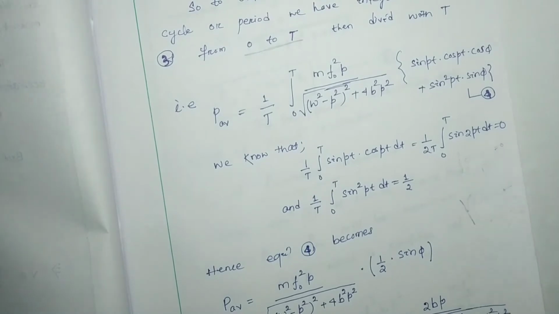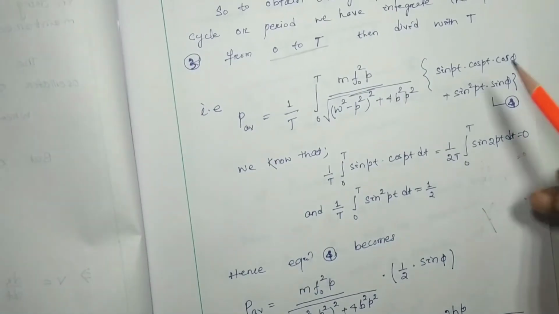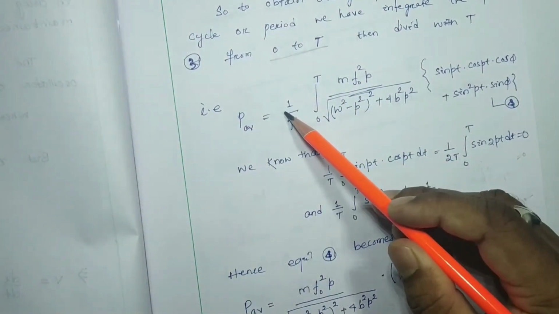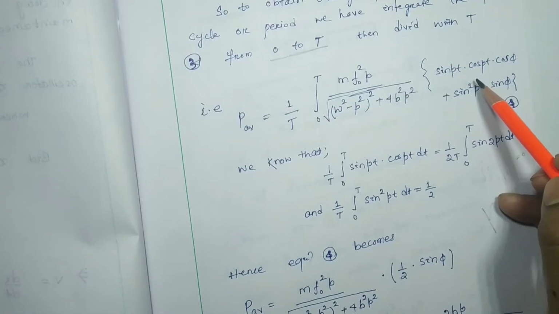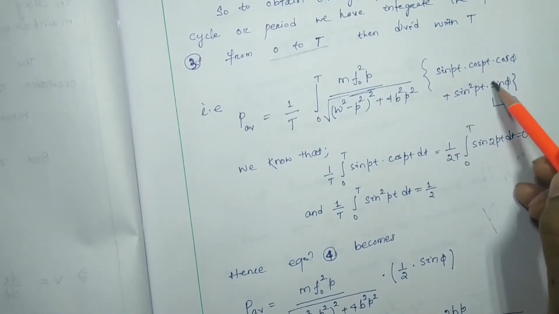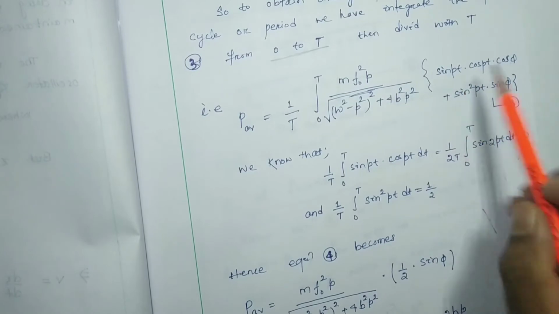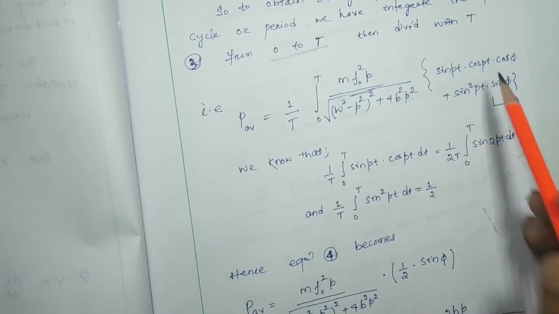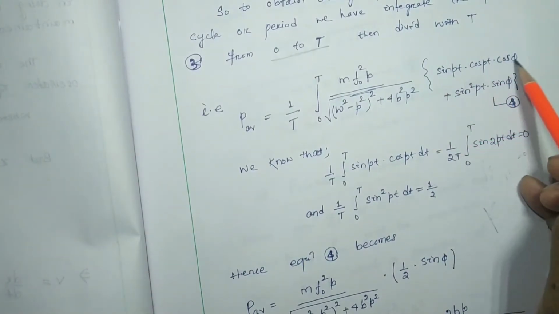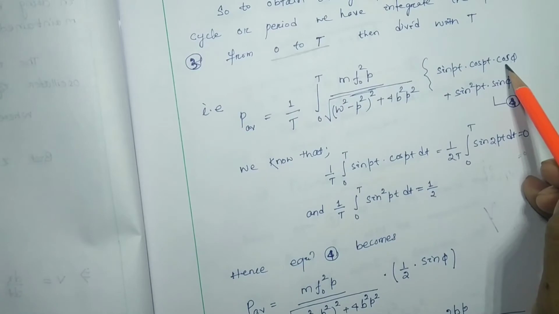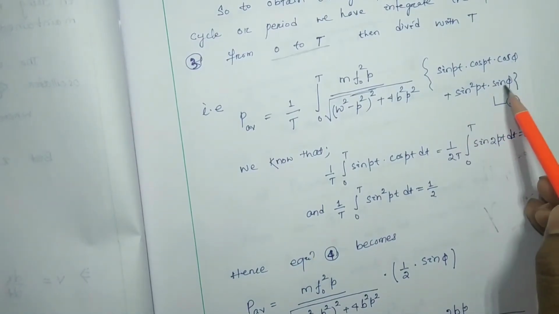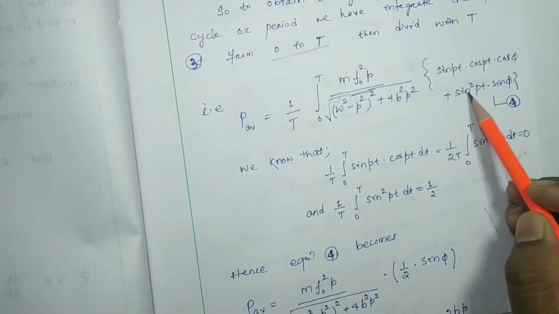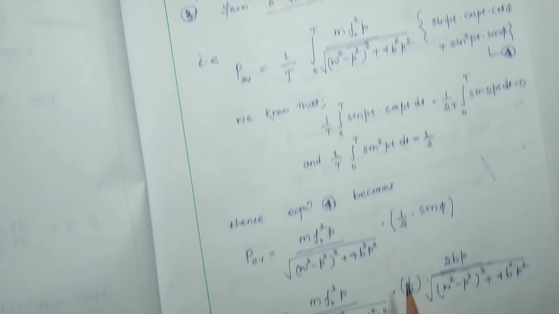Now equation number 4 becomes like this. The whole constant term can be moved outside the integration. Here cos phi is constant, sin phi also constant. I told you that sin pt cos pt dt can be written in the form of sin 2pt, so the integration from 0 to T of this term will be equal to 0. Sin phi will be moved outside the integration, and sin square pt dt will be 1 by 2.